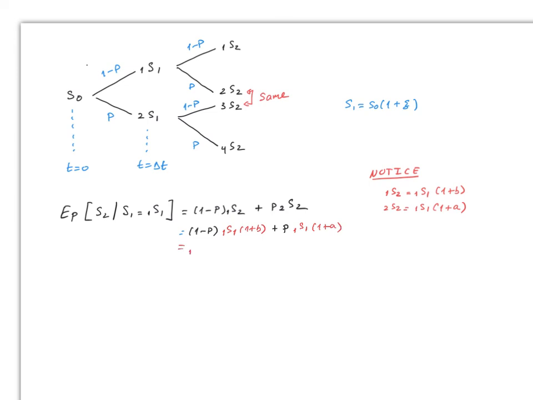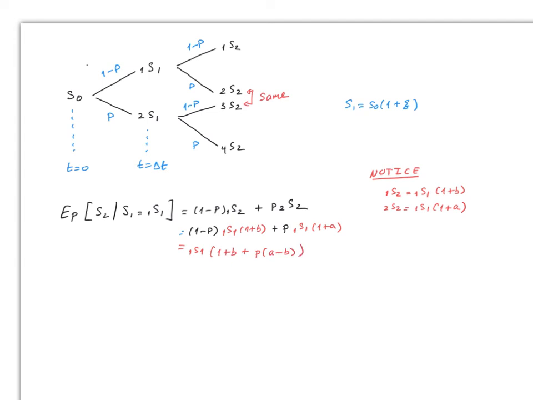And then you can factor the 1S1, which again means whatever is the value here. And then this will be 1 plus b plus p times a minus b. So make sure you check the algebra.